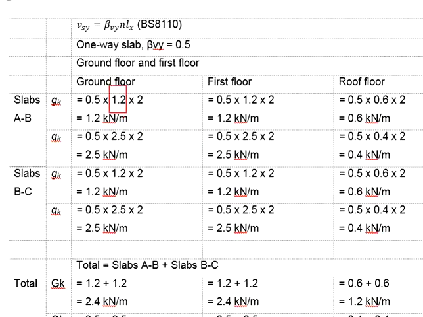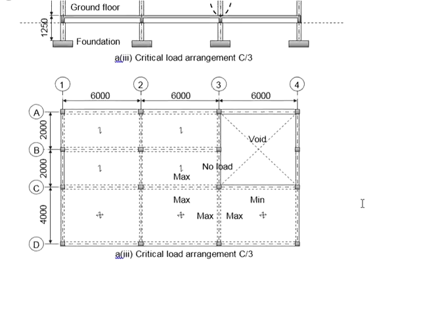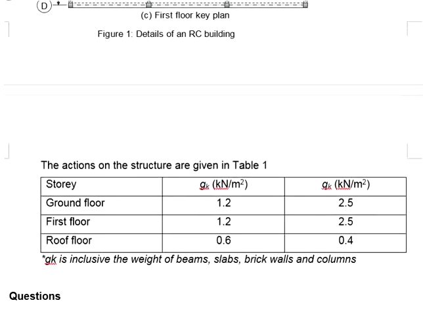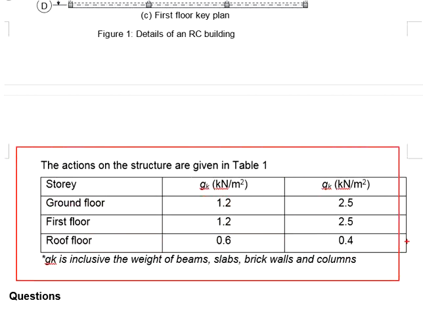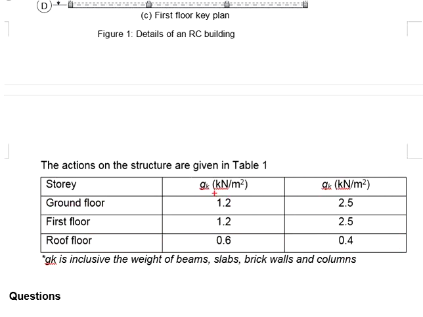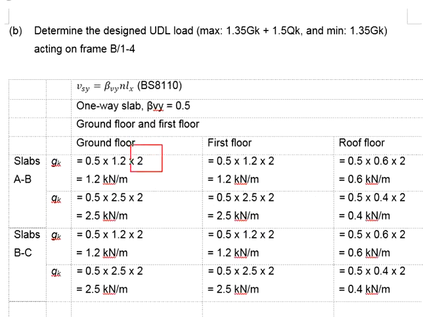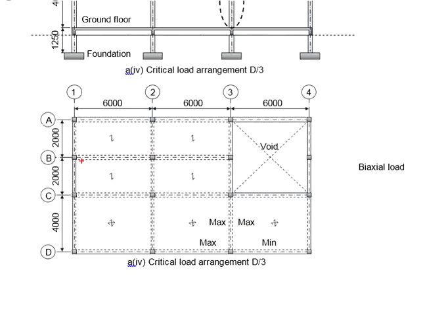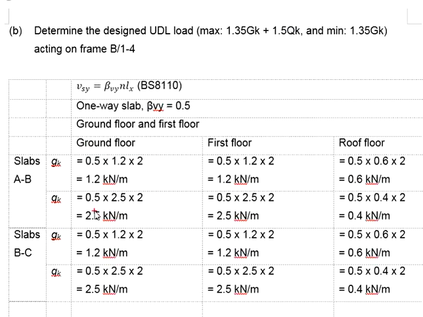This gives you the calculation steps. The GK is given as 1.2 in the table that is given in the question. So 1.2 GK ground floor multiply Lx, 2 meters, multiplied by a half, where you get 0.5.